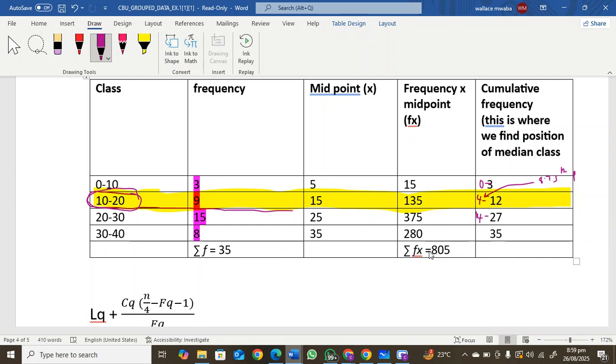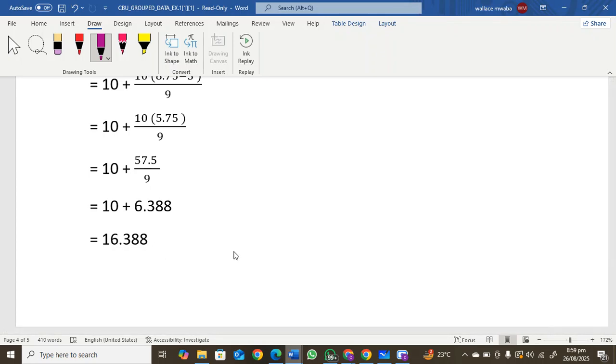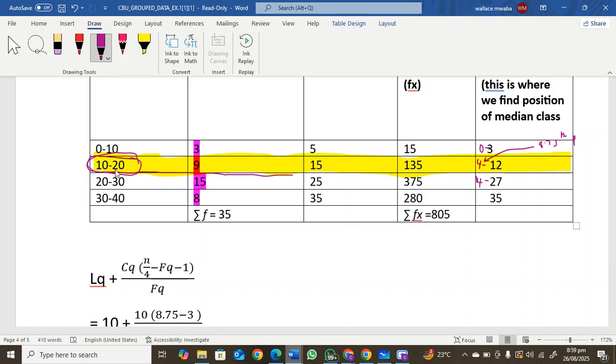Yes. Once you find the position where it is, then now you refer to the class there. And remember our answer 16.38 is between 10 to 20.